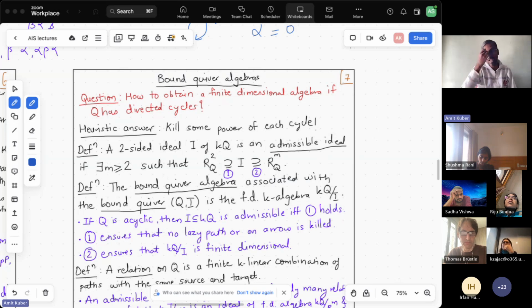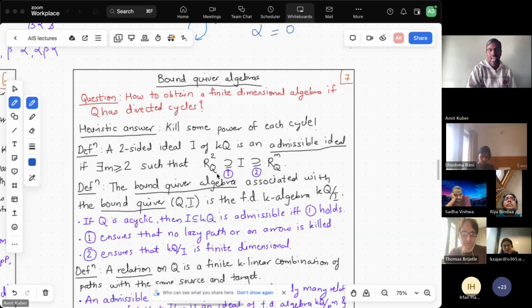If we wanted to kill that arrow, we might as well not have drawn it. That's the philosophy behind including I inside the square of the arrow ideal. We don't want to include anything in the first power of the ideal.